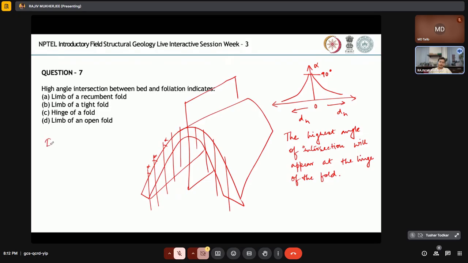In this case, alpha is the intersection angle, obviously acute, between the cleavage plane and the bedding plane.